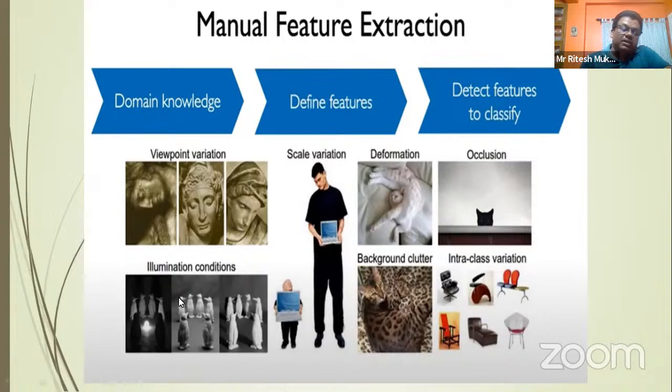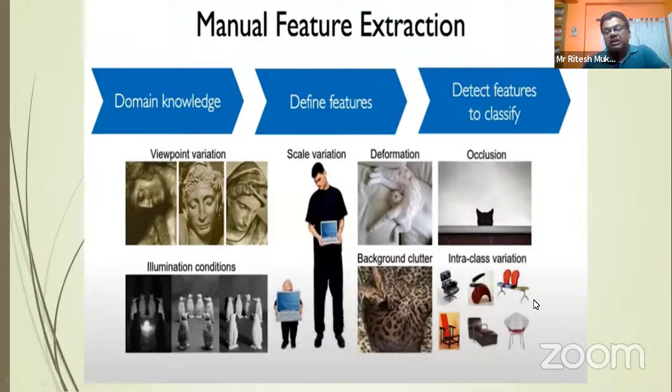Now, in the left bottom corner, you can see illumination condition. Lighting condition may vary. So your algorithm should be robust enough to accommodate these illumination conditions also. Background clutter: if background clutter is there in the image, in that case also you have to try to find the available features for classifying that object itself.